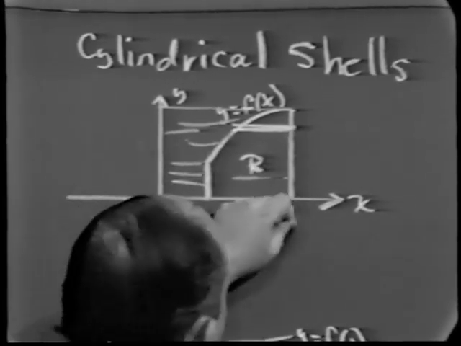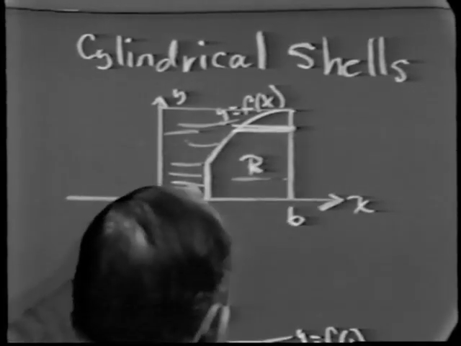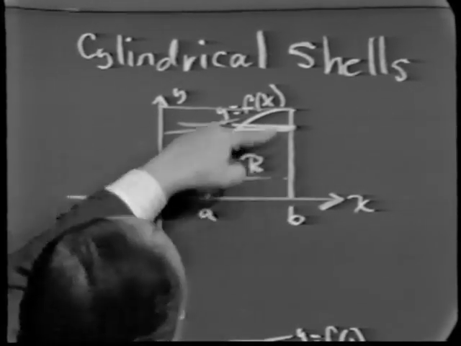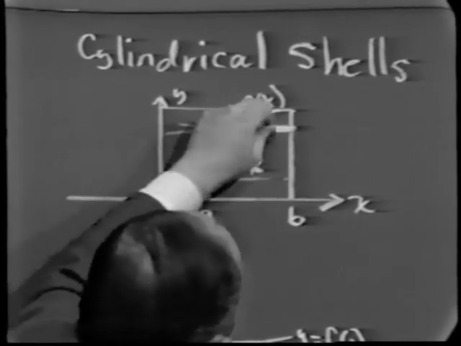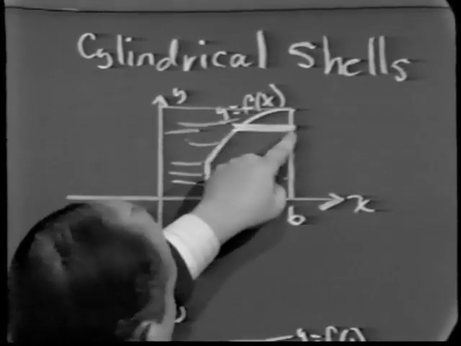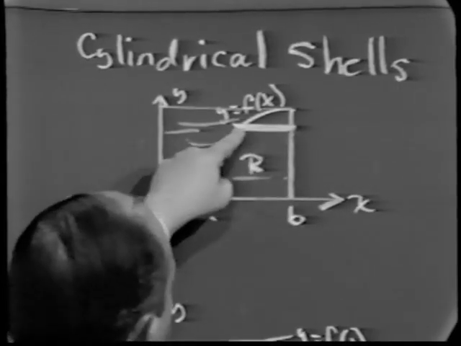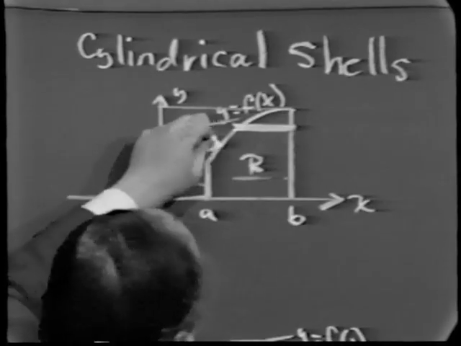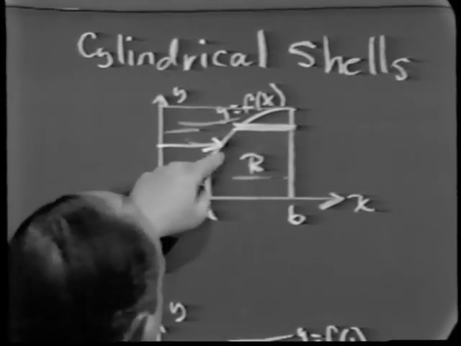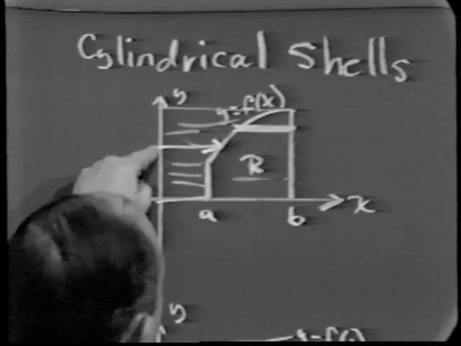Now, you see, if this is B, and this is A. You see, notice what's happening here, how our strips are being chosen. For a given strip, the final x value is B, but what is the initial x value? See, down here, the x value is A, but what happens up here? In other words, how do you find what the x value is for a given value of y here?